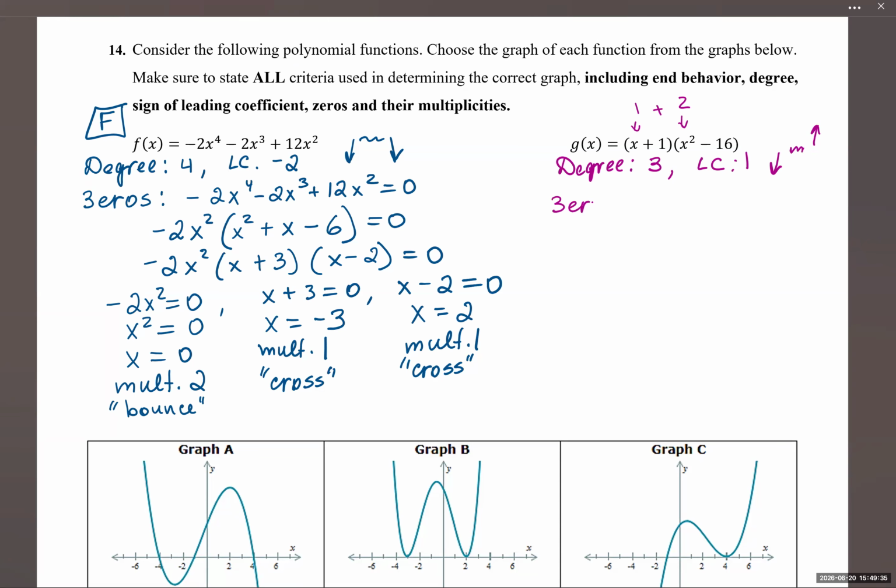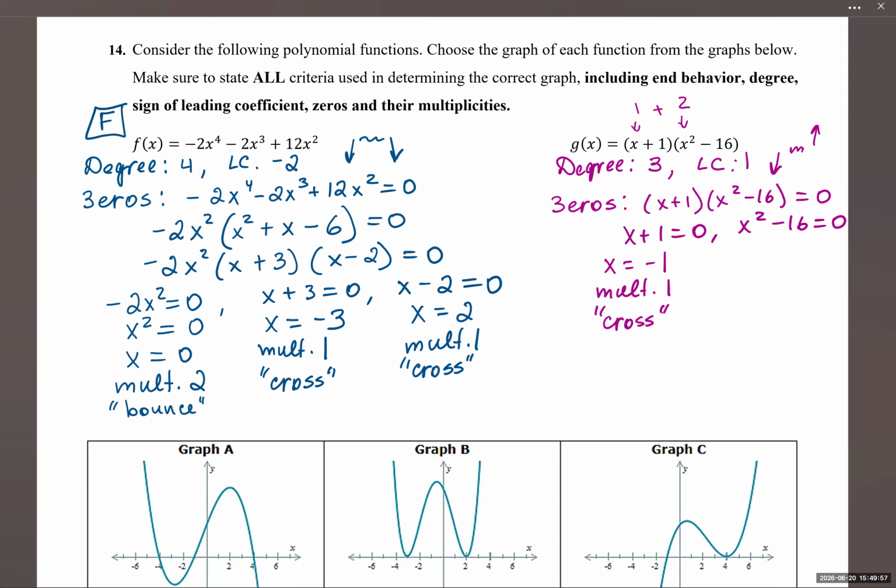Now zeros, (x + 1)(x^2 - 16) = 0. X + 1 = 0. X^2 - 16 = 0. So x equals -1. Multiplicity on this one is 1. So the graph should cross the x-axis at x equals -1. X^2 = 16.